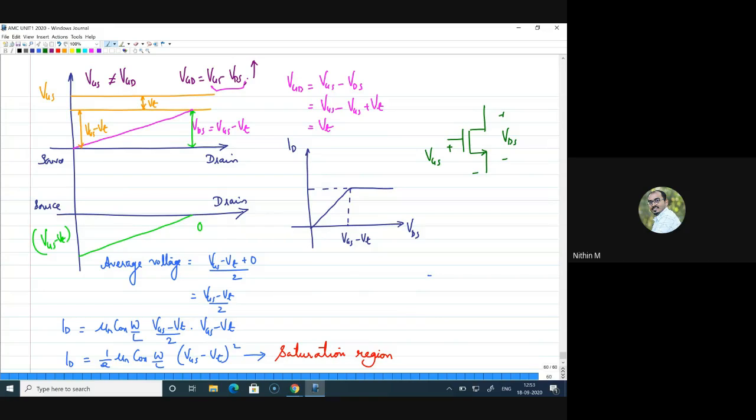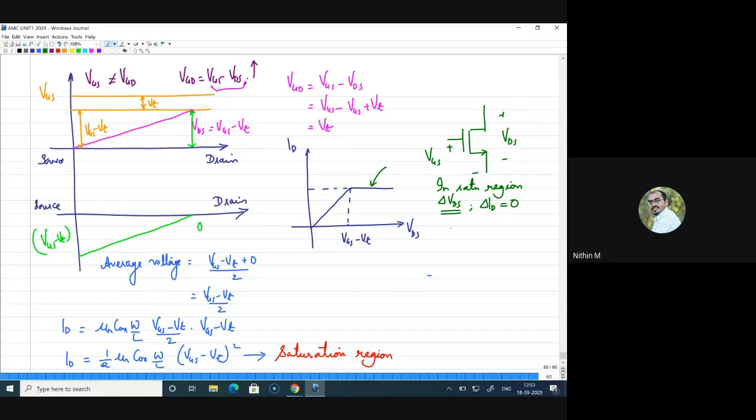So what is the meaning of this? If I look at the output characteristic, I can say that in your saturation region, even if you change VDS by a small quantity, what is the change in current? Change in current will remain as 0. Right, in saturation region, even if you provide a delta VDS, a small change in VDS, change in current is negligible, or it is equal to 0.